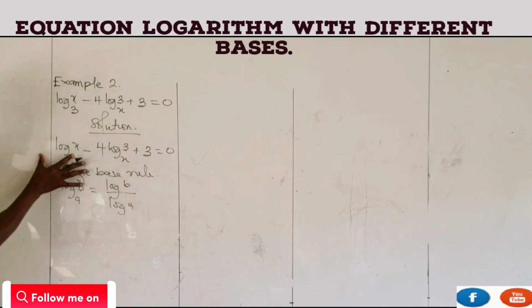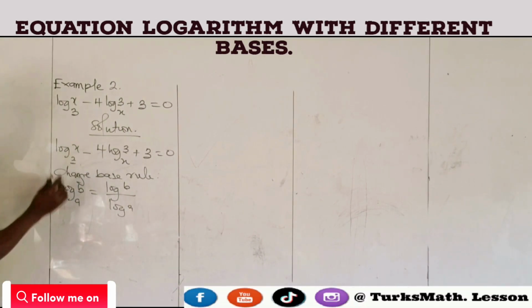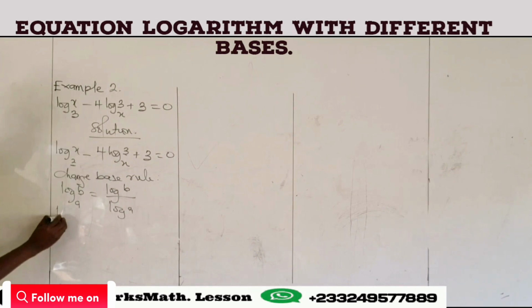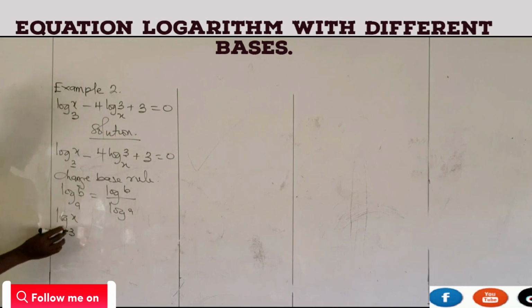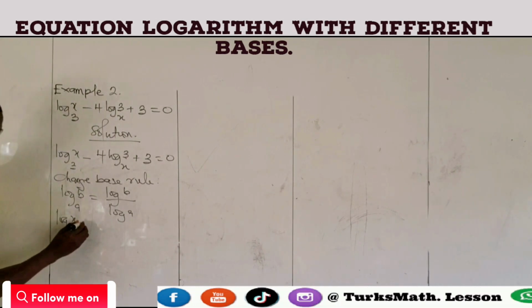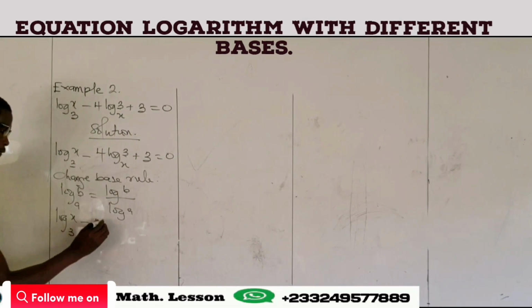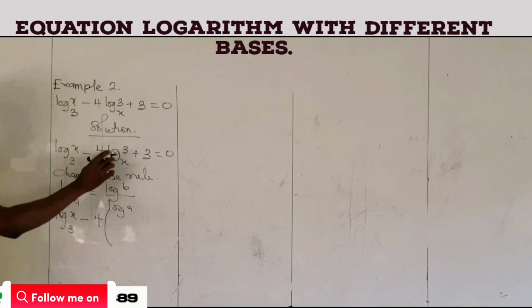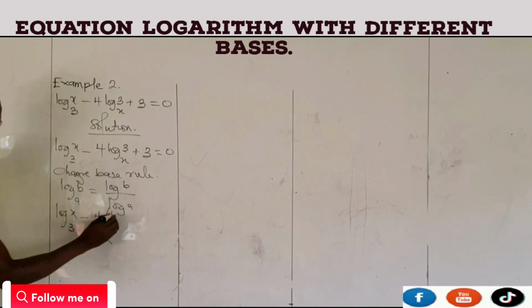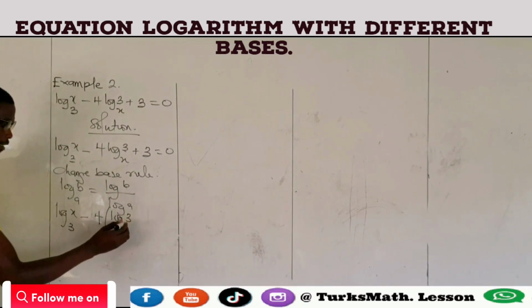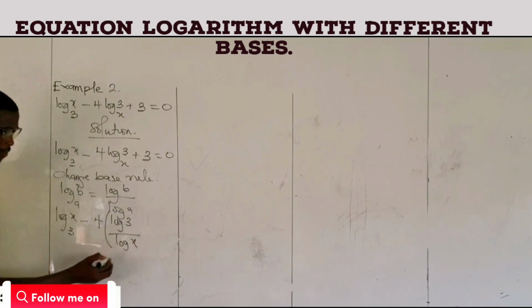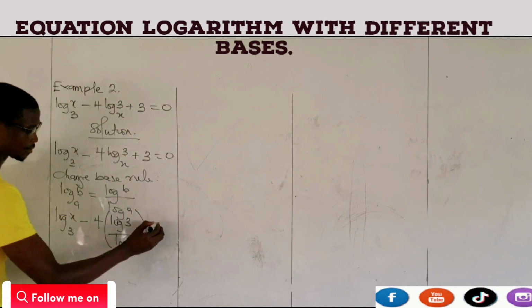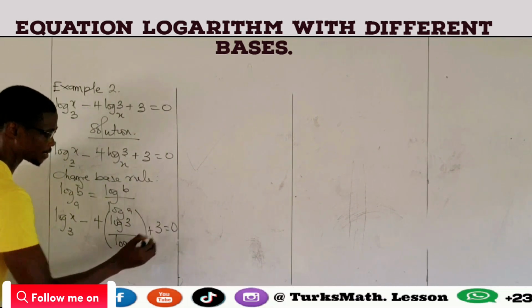So we are going to have log x base 3 minus 4, bracket open, log 3 out of log x, plus 3 equals 0.